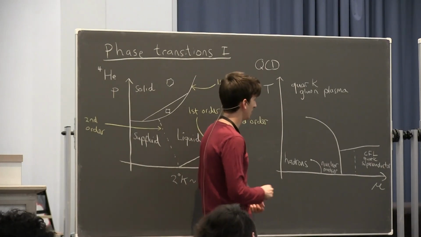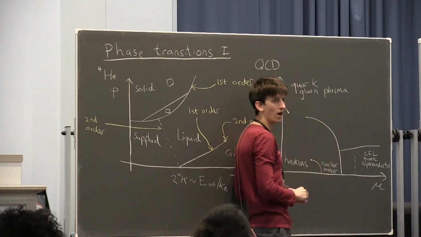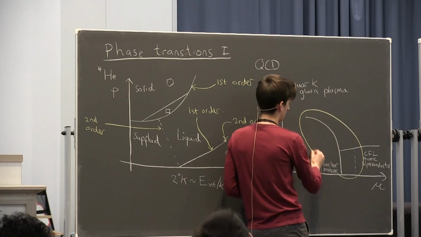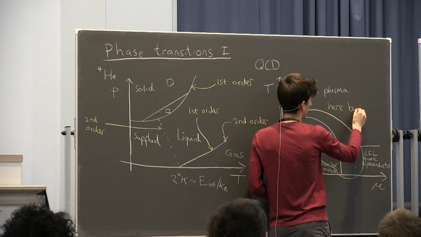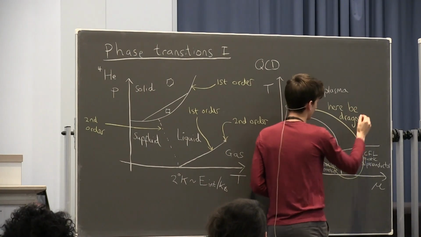In between, it's expected that there's another line of first order phase transitions. There's some kind of quark fluid phase, but in general, this is not well known. On old maps, they used to write here be dragons because we don't understand this area.